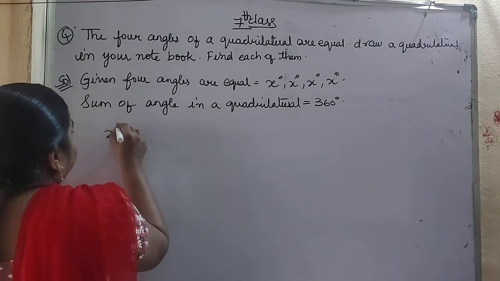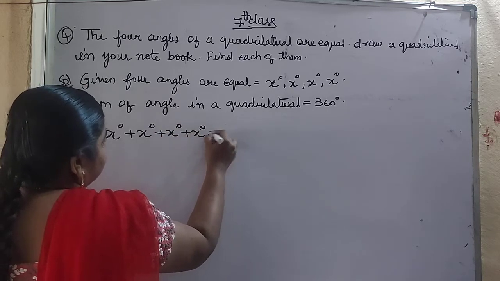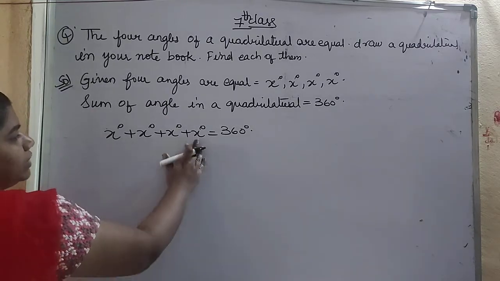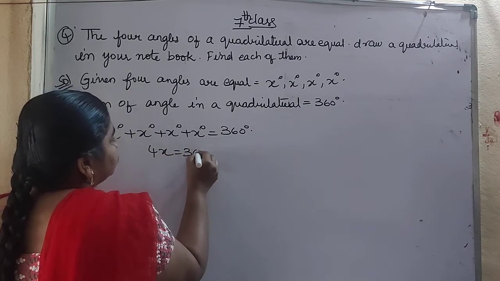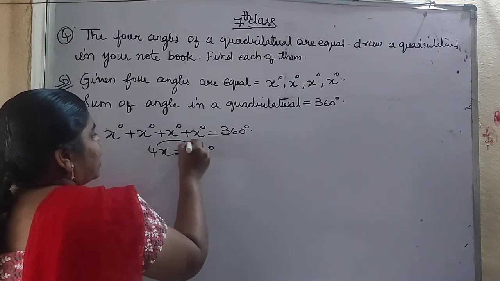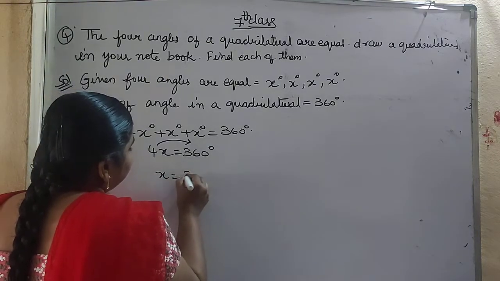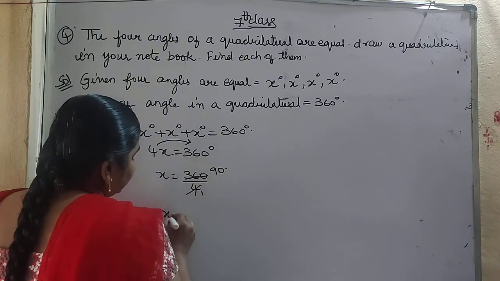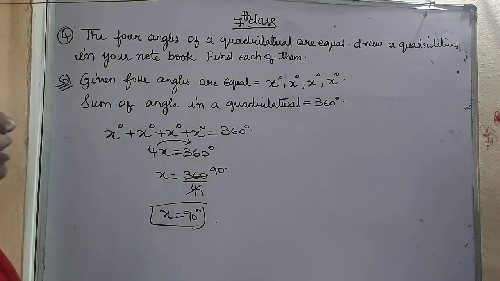So x degrees plus x degrees plus x degrees plus x degrees will be equal to 360 degrees. So x we wrote 4 times, that will be 4x is equal to 360 degrees. Transpose 4 to the other side, that will become division. So x will be equal to 360 by 4. 4 ones are 4, 4 nines are 36, so x value is how much? 90 degrees.